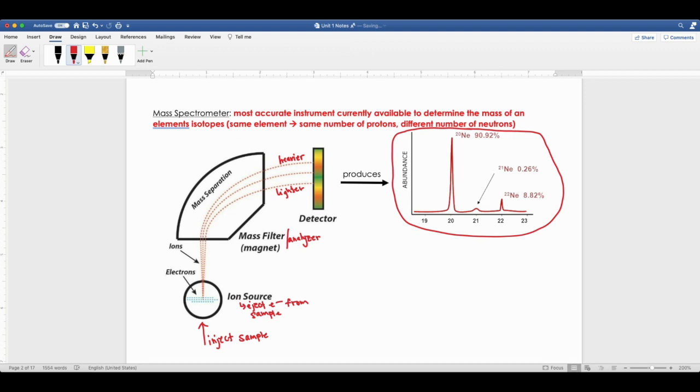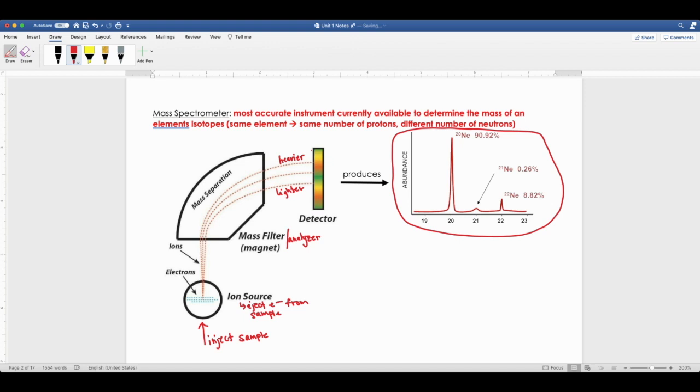So let's say that we actually use this for a sample of neon. I would inject neon into this mass spectrometer. Electrons would be pulled away from those neon atoms in order to create ions. Those ions would then go into this analyzer and be separated based on their mass.